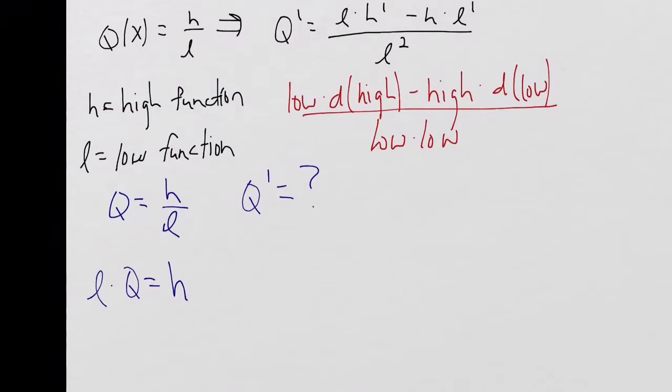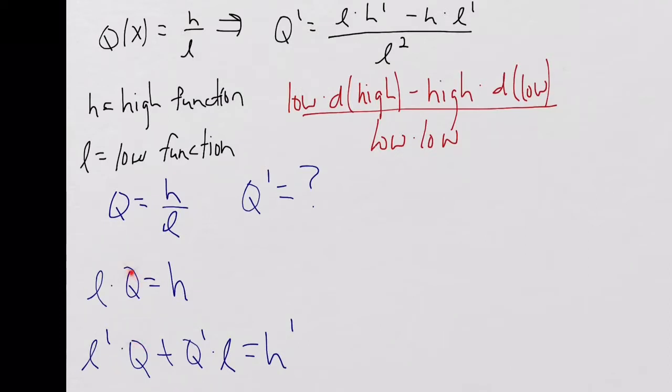So I do L prime times Q plus, this is product rule, the derivative of the second, Q prime, times L, the first. And then that equals, when I derive the left side, I've got to also derive the right side, so I get H prime.